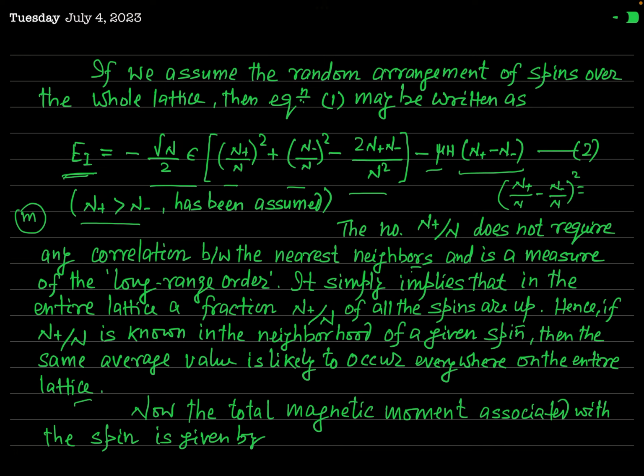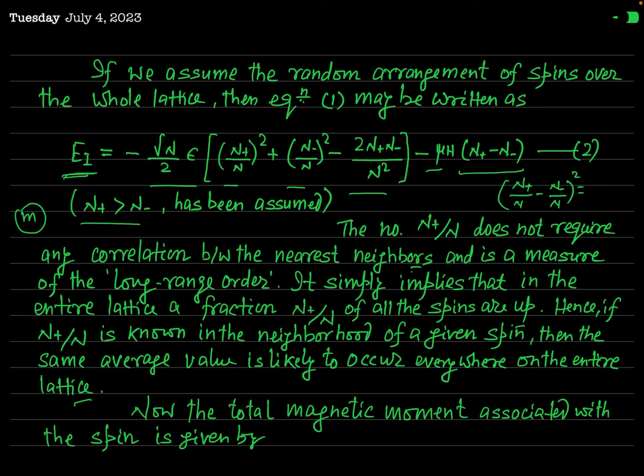If you talk about the total magnetic moment, then you know there are n plus up spin lattice points and n minus down spin lattice points. The value of a spin for up spin is +1, and that for down spin is -1.